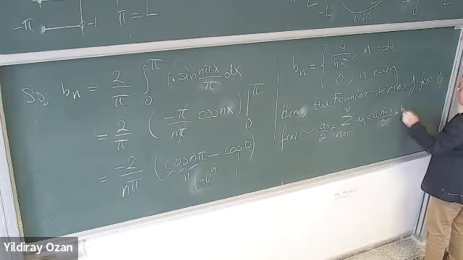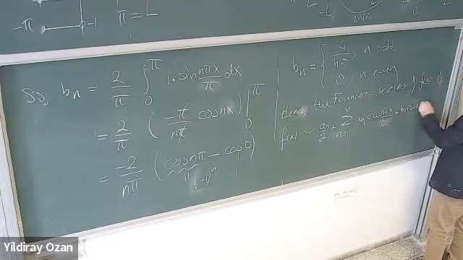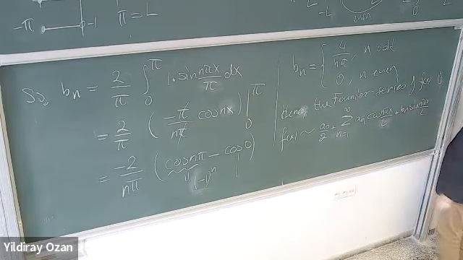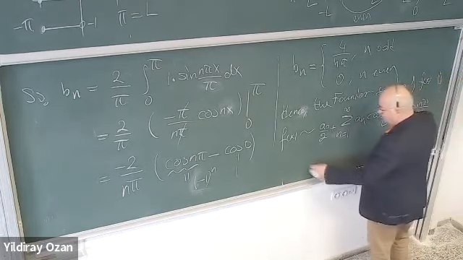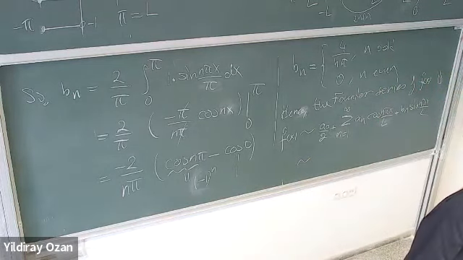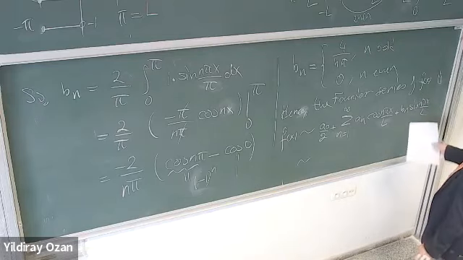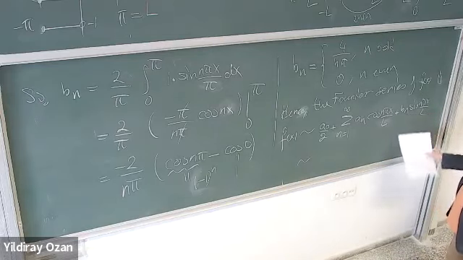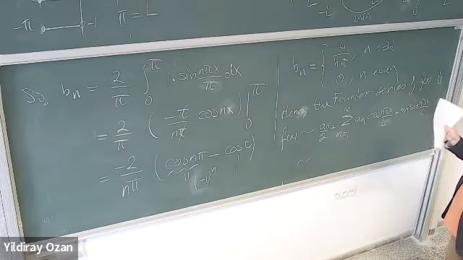Önce plus bn sine n pi x over L. So what is this? This is just a0. An'ler zaten hep sıfırdı. I have only bn's and the odd ones.